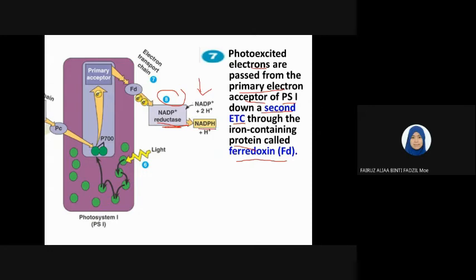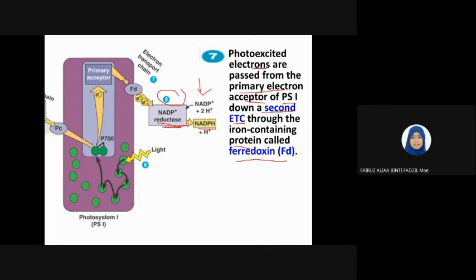NADPH is just like the NAD plus and NADH that we learned in the cellular respiration topic. It's a coenzyme that acts as an electron acceptor, and both NAD plus and NADP plus have the same function, which is to accept electrons.